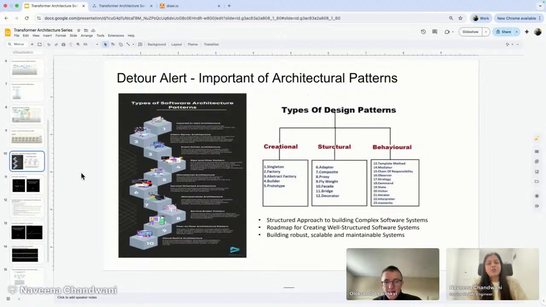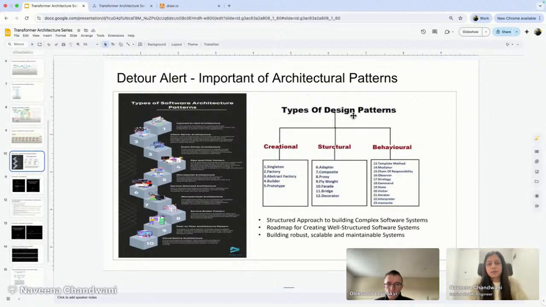Before we talk about our actual transformer architecture, let's understand why architectural patterns are so important. We have software architectural patterns like broker architecture, client-server architecture, layered n-tier architecture, and event-driven architectures, which we in the software development community, and even in AI engineering, use a lot.